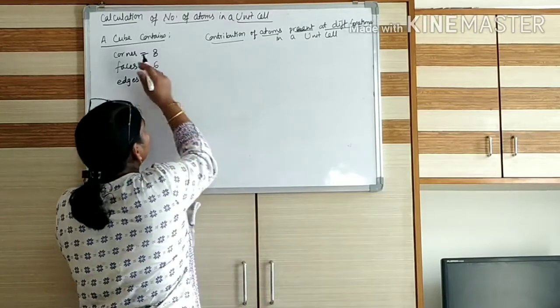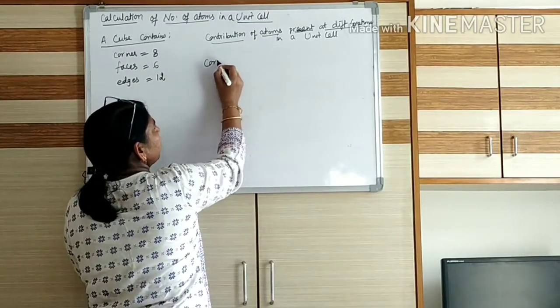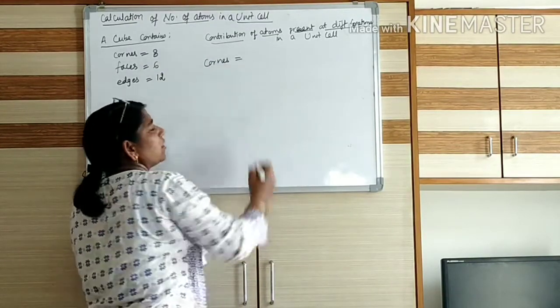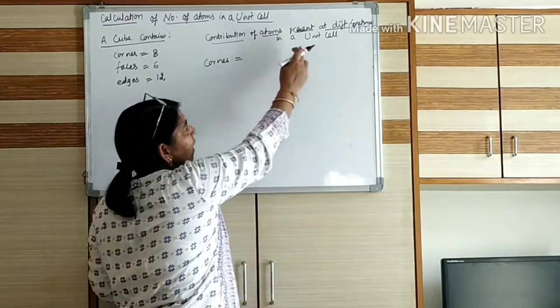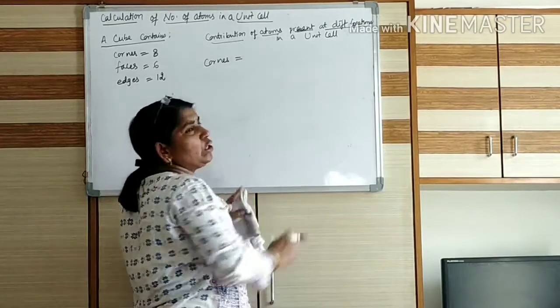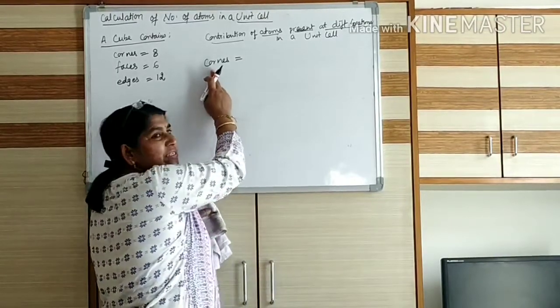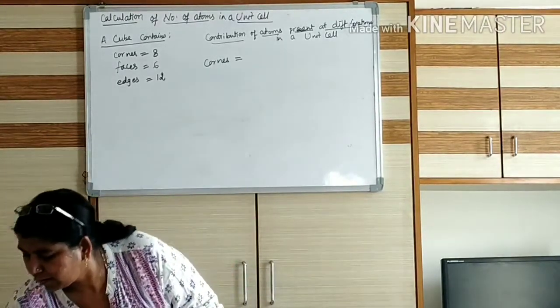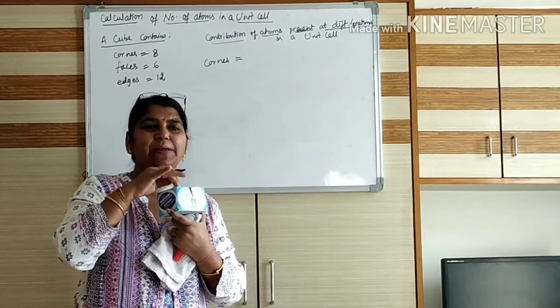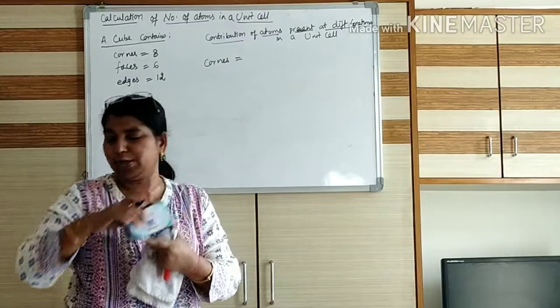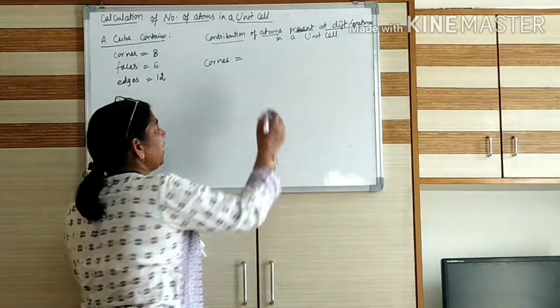So if an atom is present at the corner, what is the contribution of the atom to a unit cell? If any atom is present at the corner, how much atom will be contributed to a particular unit cell? So it will be 1/8.